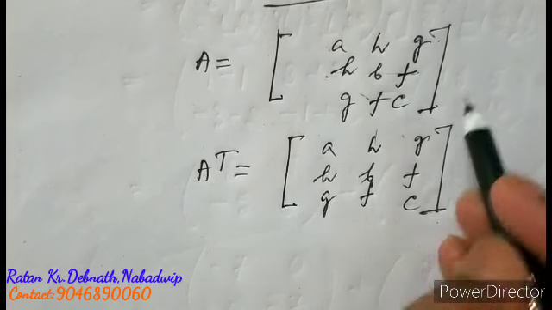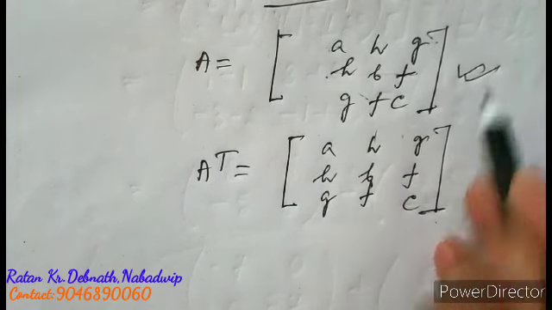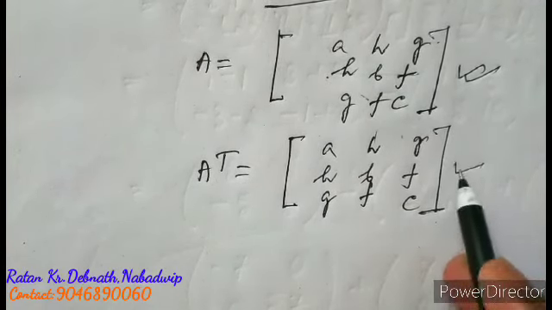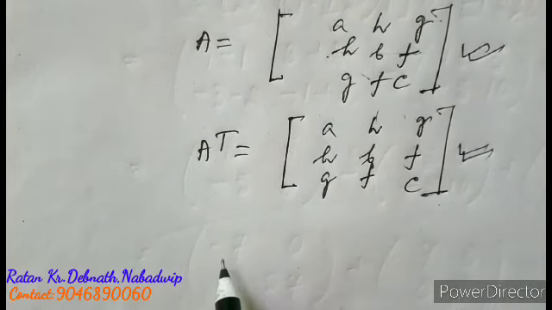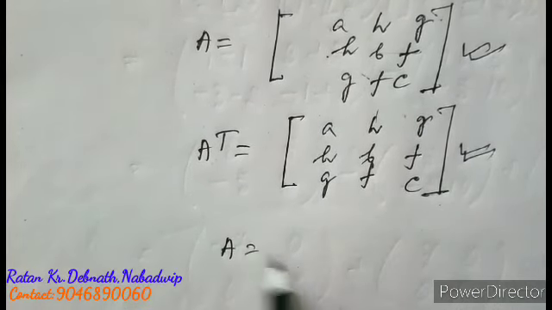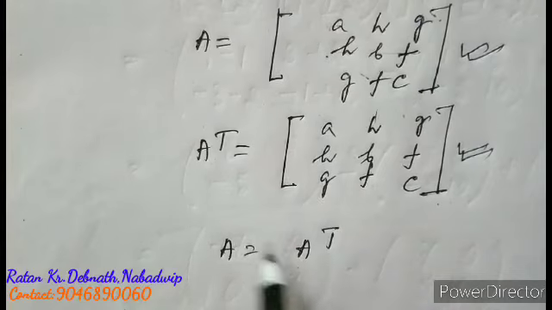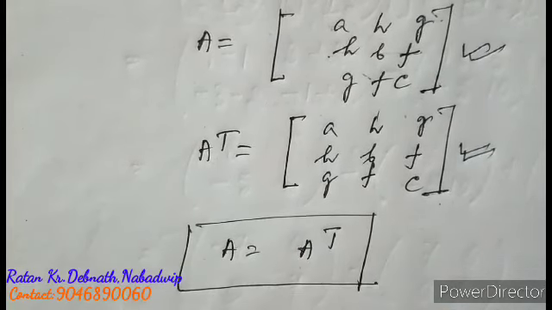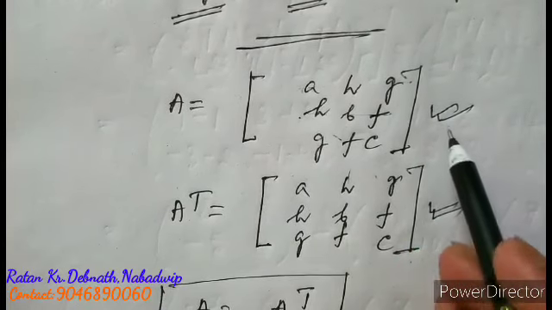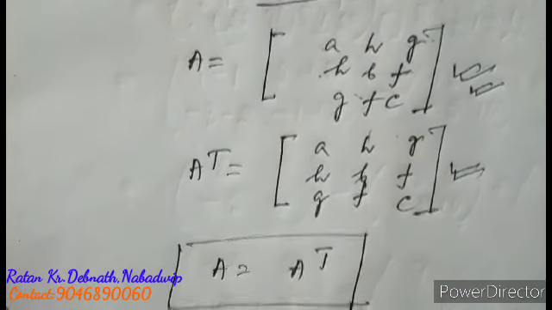So observe this carefully. This original matrix equals this matrix. We can say here A equal to A transpose. Therefore, the matrix A is a symmetric matrix.